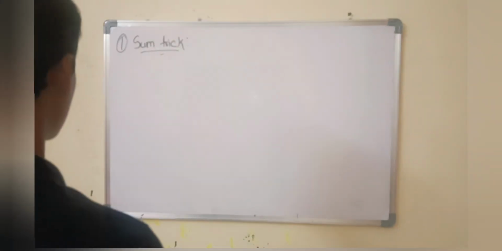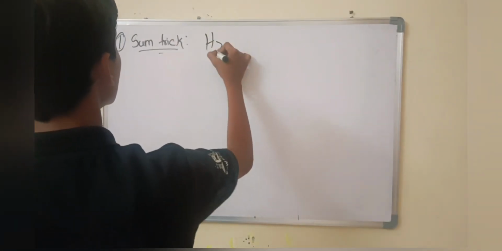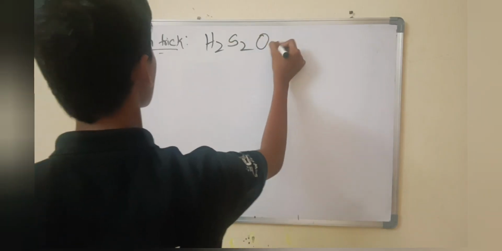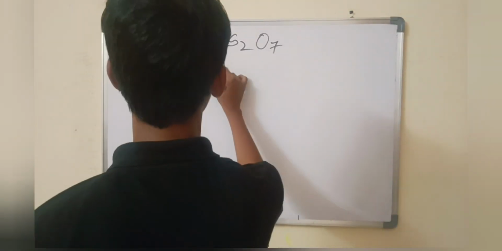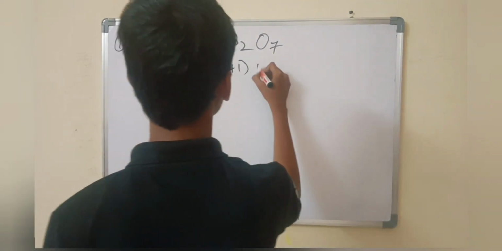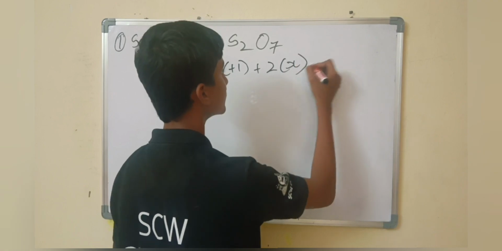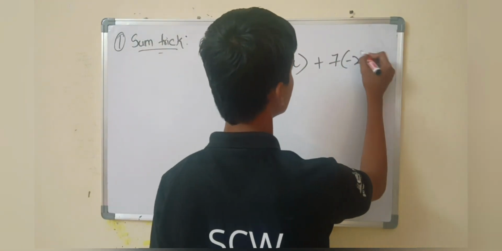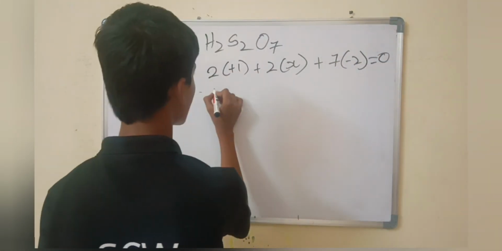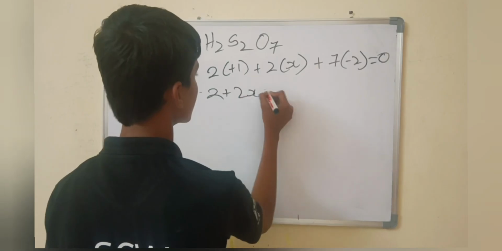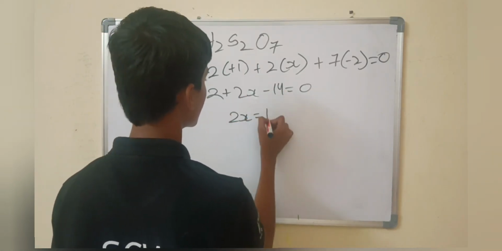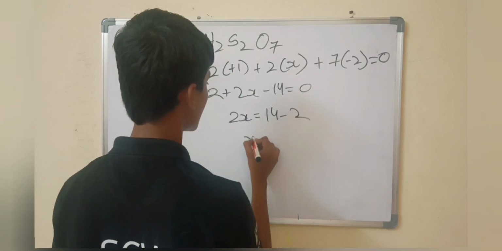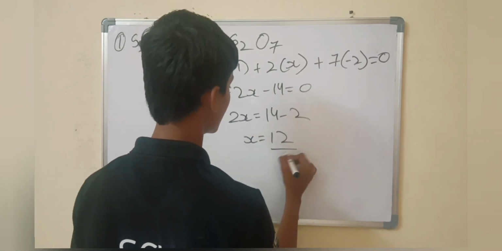Now, another example. H2S2O7. Pause the video and you also do it. 2 into plus 1 plus 2x plus 7 into minus 2 is equal to 0. 2 plus 2x minus 14 is equal to 0. 2x is equal to 14 minus 2. X is equal to 12 by 2.